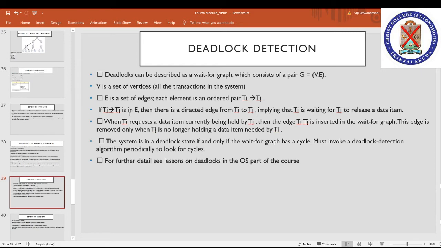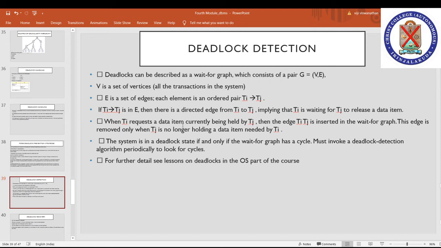If Ti implies Tj is in E, then there is a directed edge from Ti to Tj, which implies that Ti is waiting for Tj to release a data item. When Ti requests a data item currently being held by Tj, then the edge Ti to Tj is inserted in the wait-for graph. This edge is removed only when Tj is no longer holding a data item needed by Ti.